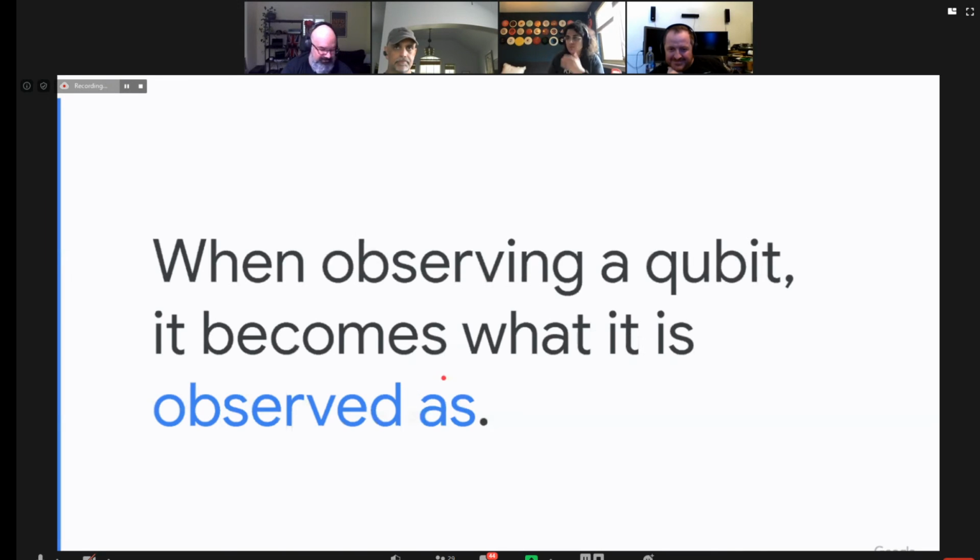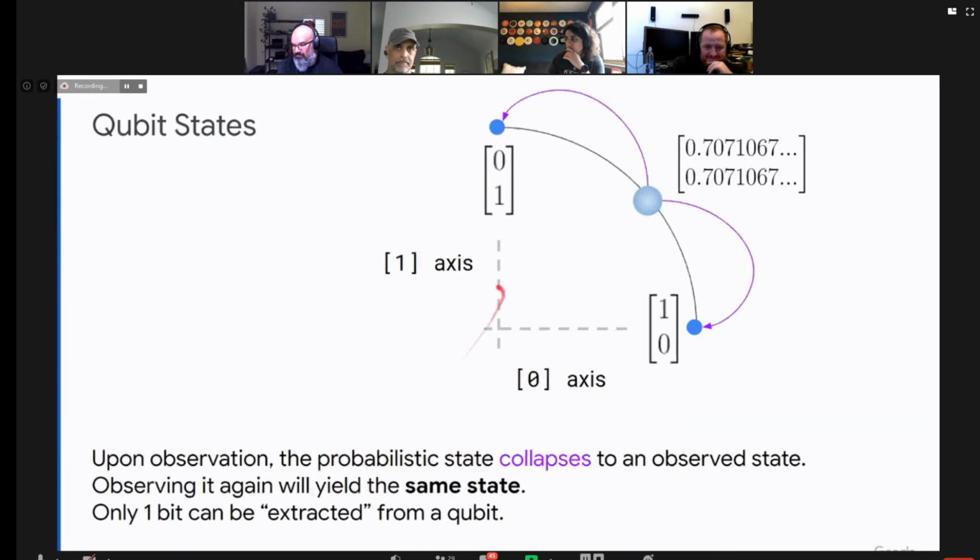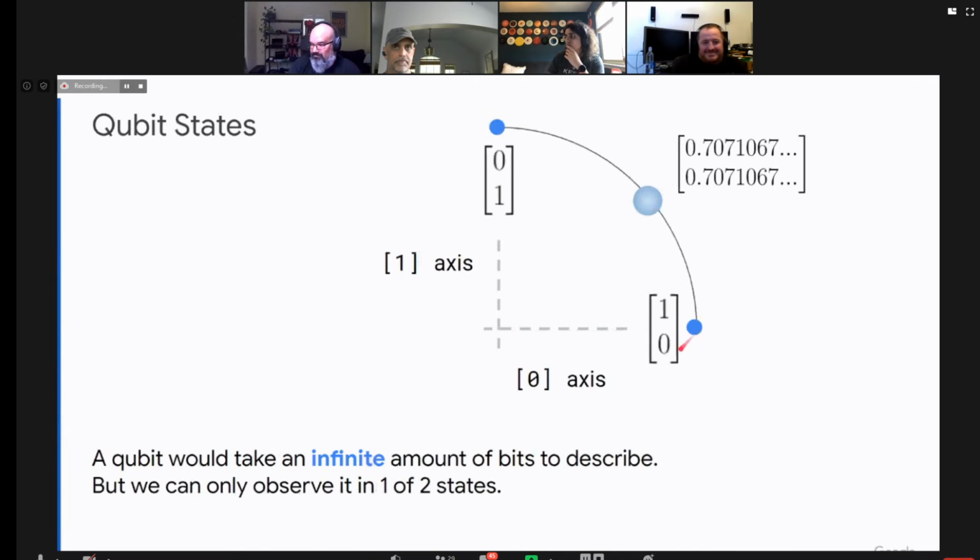Measurement of observation is a destructive operation on qubits. When you look at a qubit, it will move from this rich state to one of these two known states.